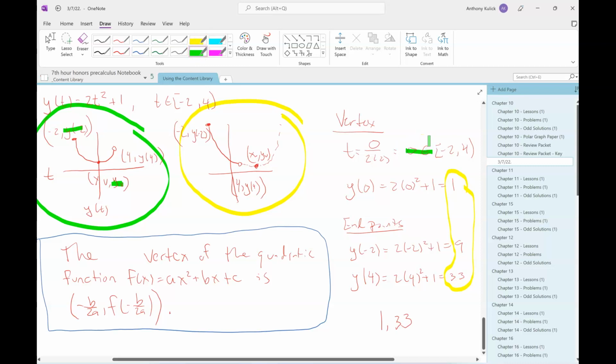Since 0 is inside that interval and 1 comes from 0, I know 1 gets a bracket. Because 4 has the parenthesis, 33 should get the parenthesis, so my range should be 1 to 33.